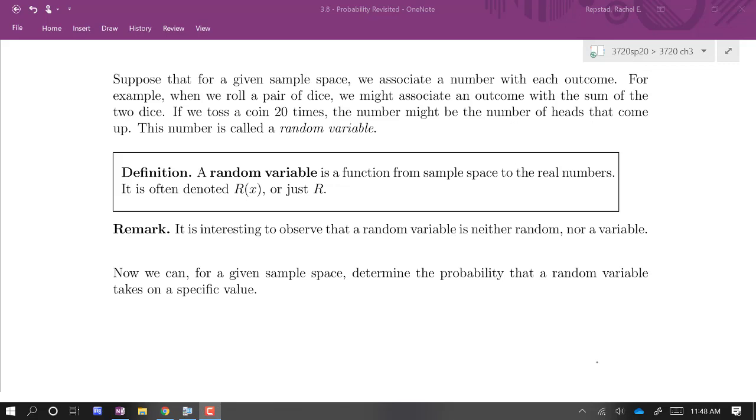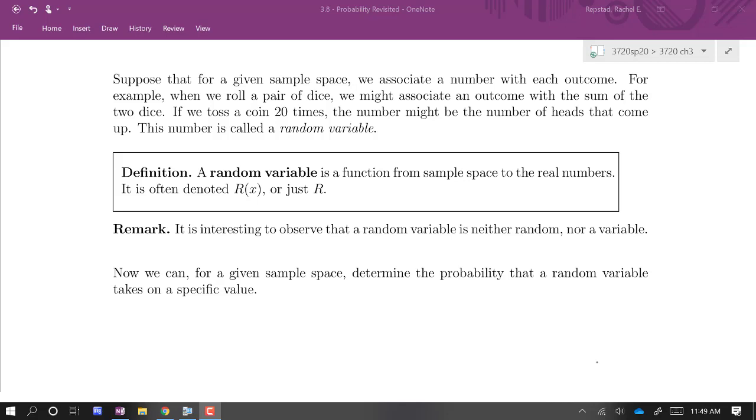Okay, so now consider this. Suppose that for a given sample space, there's some experiment with some sample space, and for each outcome, I associate with that outcome some number. Now, we've done that already in that the number we associate it with is just the probability, and we can compute the probability of each outcome. But suppose that we also associate it with some separate number. For example, maybe I roll a pair of dice.